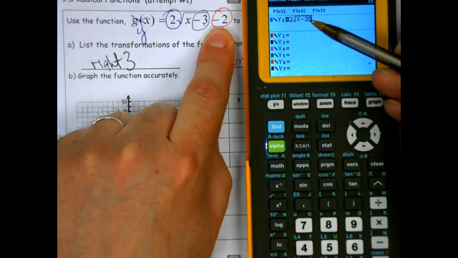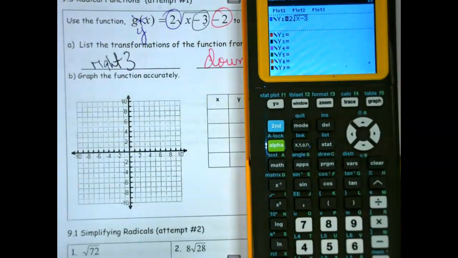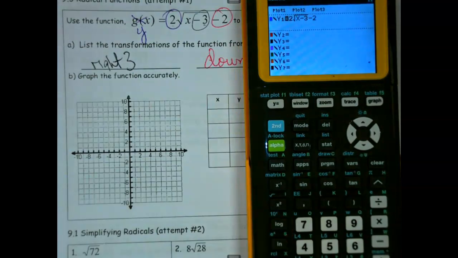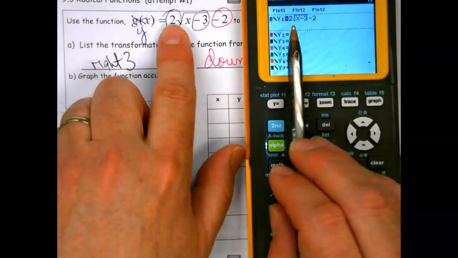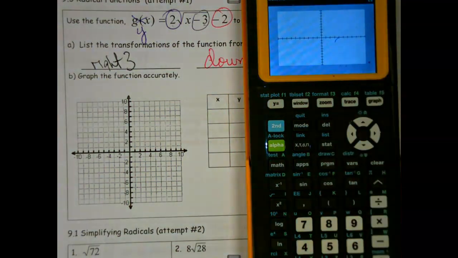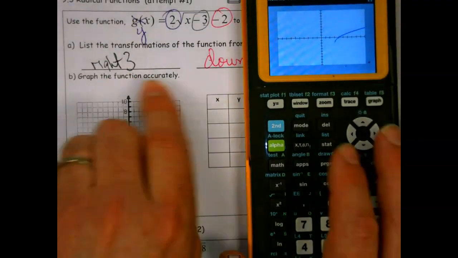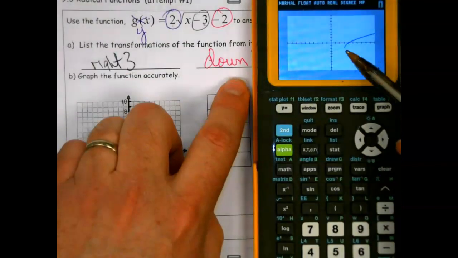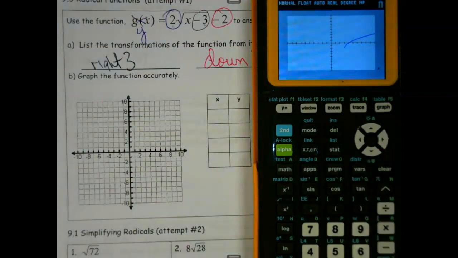So the calculator tells us when you're done inside, hit the right arrow, there it goes, minus 2. So as long as this basically looks the same, I can look at the graph if I want to first. And I notice I went right, I went down, and I stretched, because again, this is all based on starting from the middle, starting from the origin.